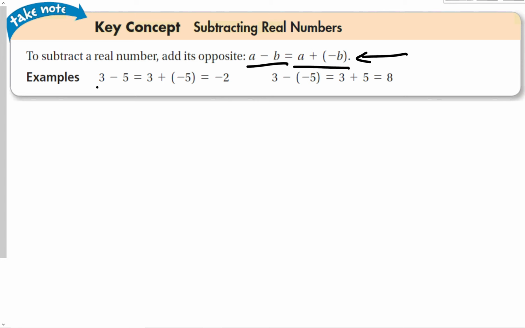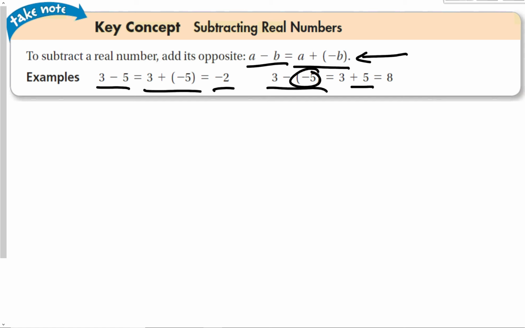So my example says that if I want to take 3 minus 5, I'm really doing 3 plus a negative 5 to give me negative 2. And when I do 3 minus a negative 5, when I want to subtract two numbers, I add the opposite. So the opposite of negative 5 becomes positive 5.